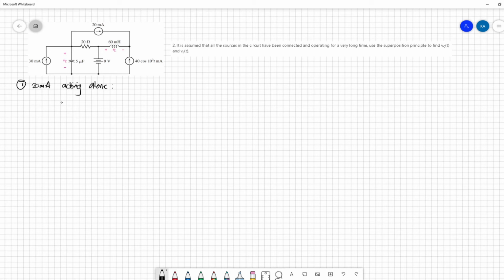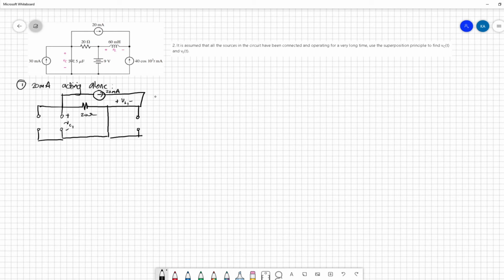So we have 20 milliamperes, 20 ohms. We have VC1, and we have VL1. So VL1 is just 0, and VC1 is equivalent to negative 20 milli times 20, which is equivalent to negative 0.4 volt.